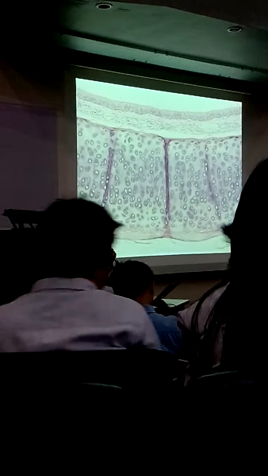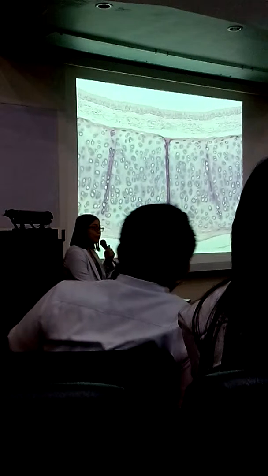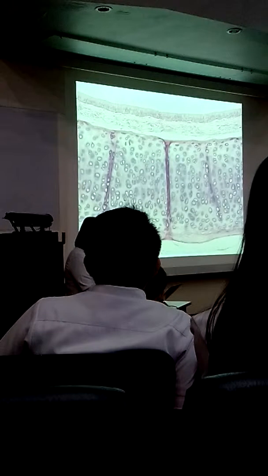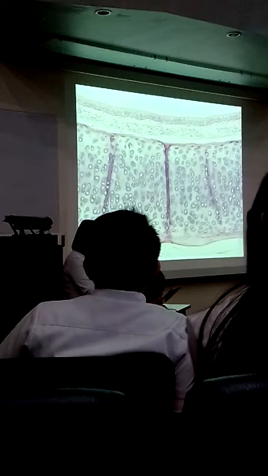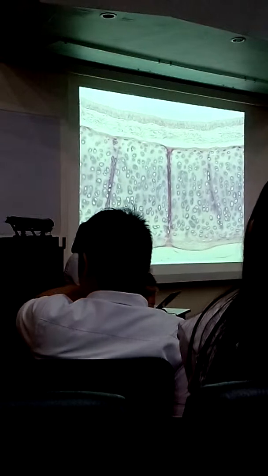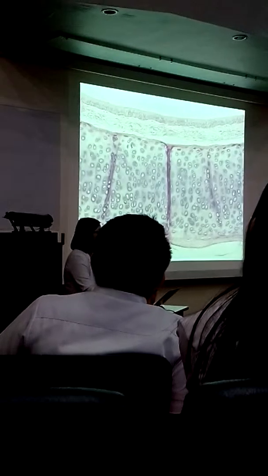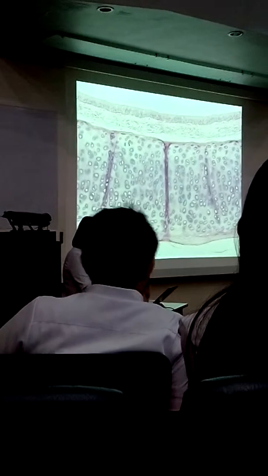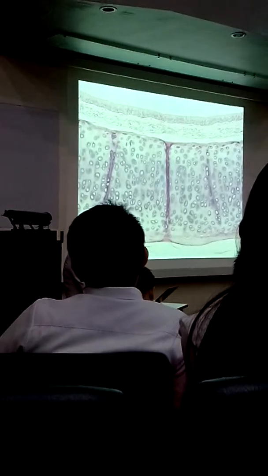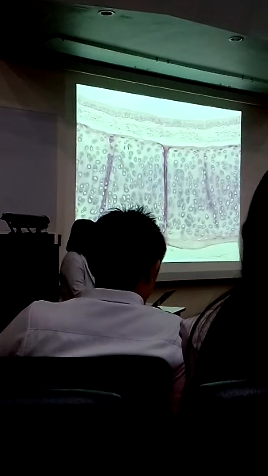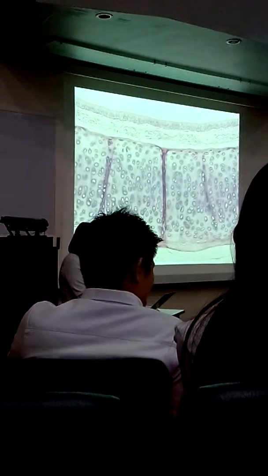So what are the component cells of the tracheal epithelium? It is mainly composed of the ciliated cells. How many cilia are there in one ciliated cell? 250. Why is it like that? Because it serves as a mucociliary escalator.